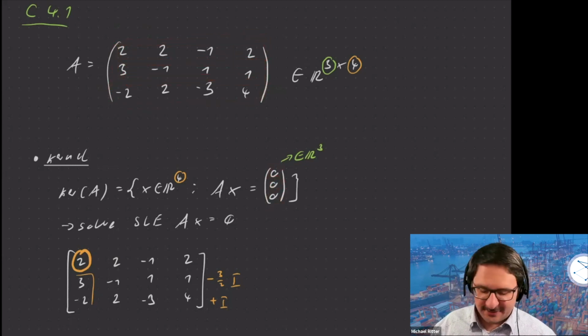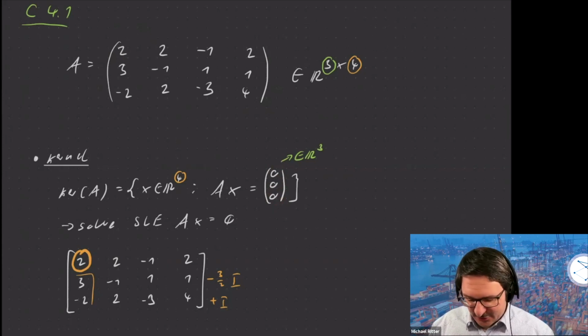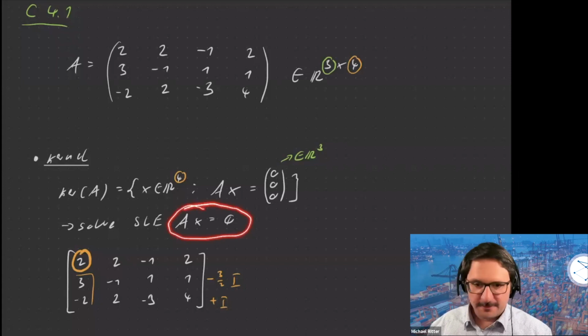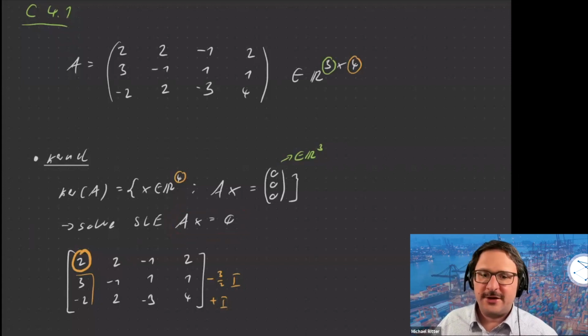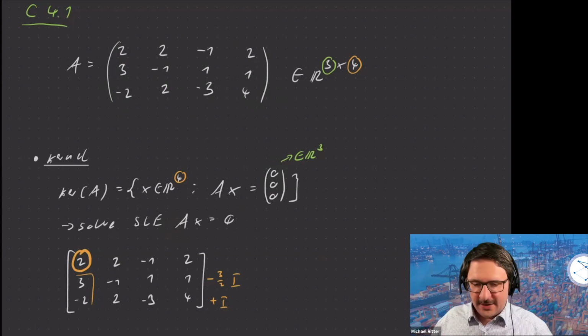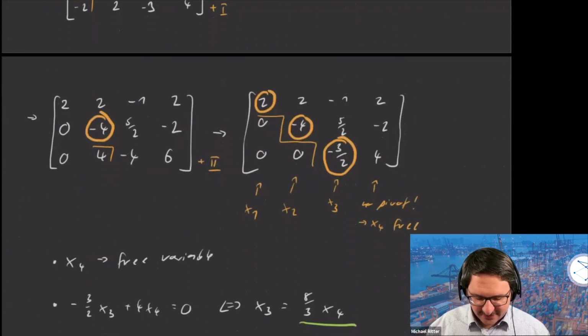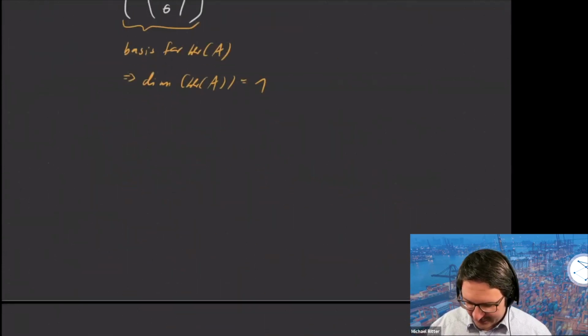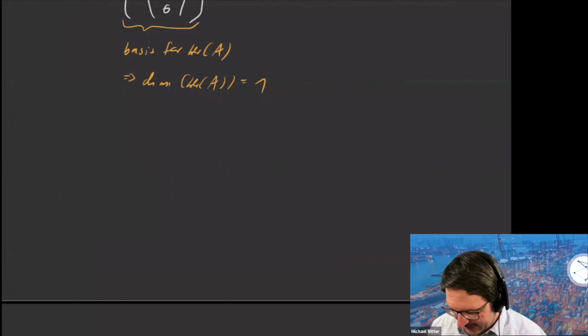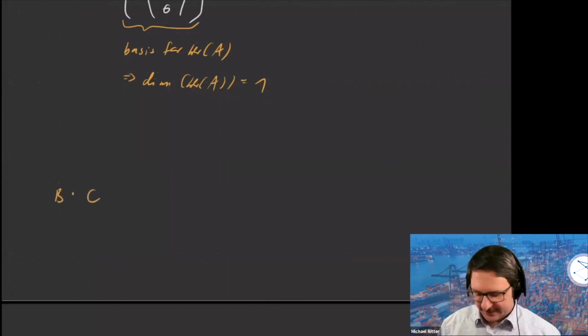That's one possible explanation. The other explanation would be if you write the system in the form A times X equals 0. That means what we do here is matrix multiplication. And if you multiply 2 matrices, then the dimension of the result is always dictated by the dimensions of the matrices that are involved. Let's write that down somewhere. Let's say we have matrices B and C, and we multiply those 2 matrices.